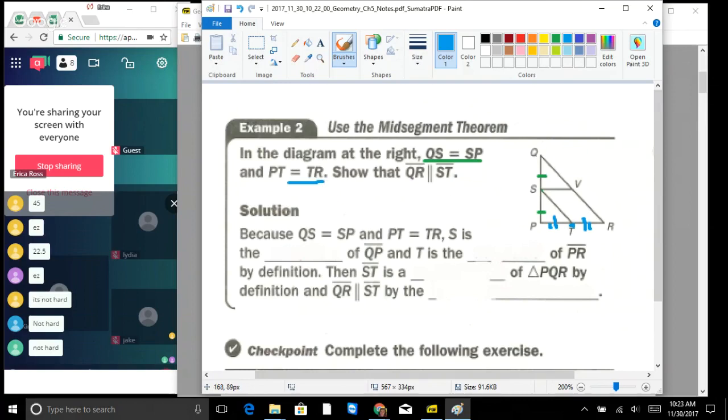We want to show that QR is parallel to ST. We want to show that these two are parallel to each other. That's our ultimate goal there. They're messy, so I'm going to erase them a little bit.